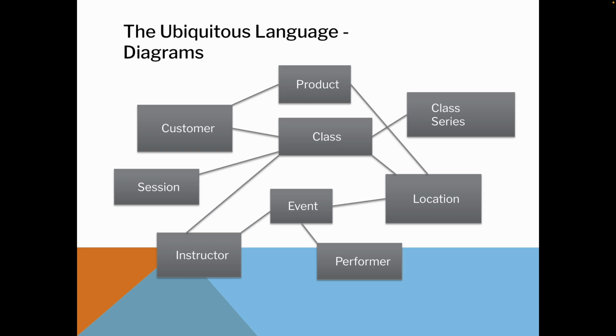Next is the diagrams. In software development, there are many different kinds of diagrams. If you're doing something at the database level, you would do an ERD, an entity relationship diagram. If you're doing something at the object-oriented level, you do UML diagrams, like a class diagram, a sequence diagram, or a communication diagram.